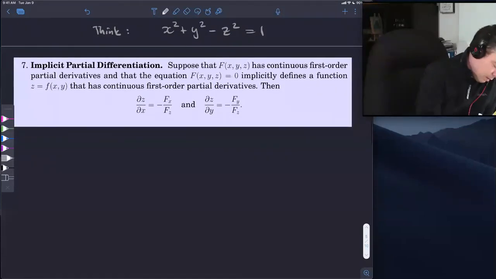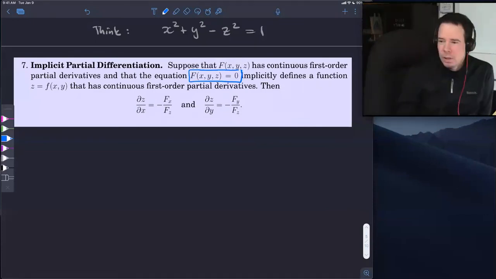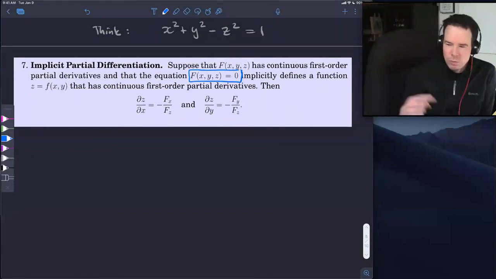We're now just extending these ideas using our new chain rule. The idea is as follows. We think of our expression as some function of x, y, and z, where z is a function of x and y. So it's much like that last example where I had u, v, x, and y, but u and v were functions of x and y. Here I've got x, y, and z, where z is a function of x and y.